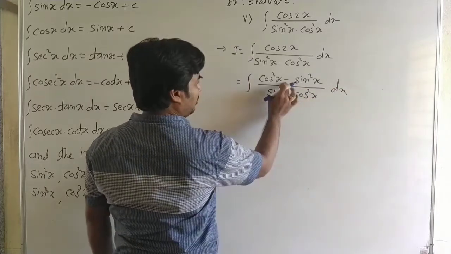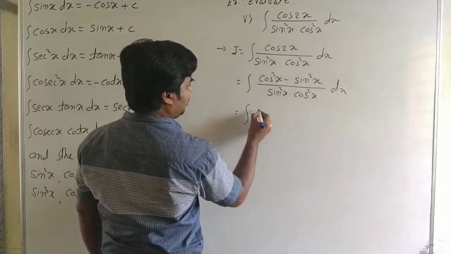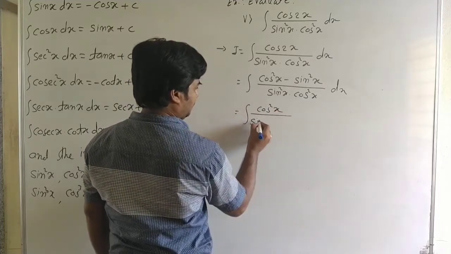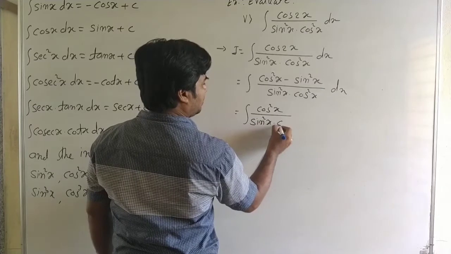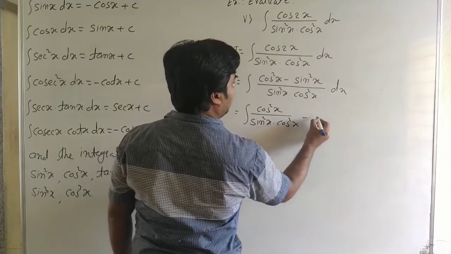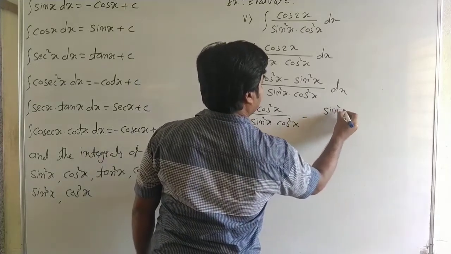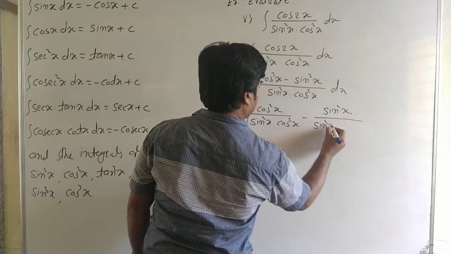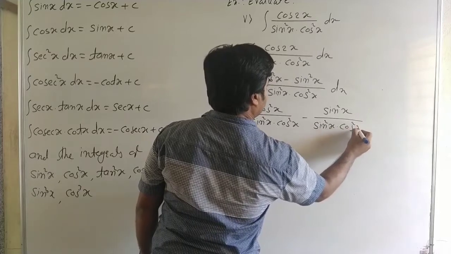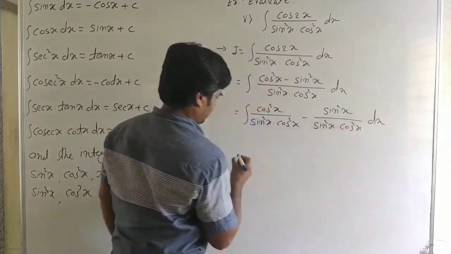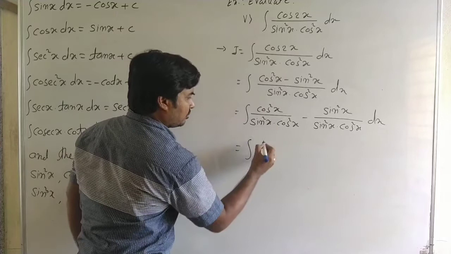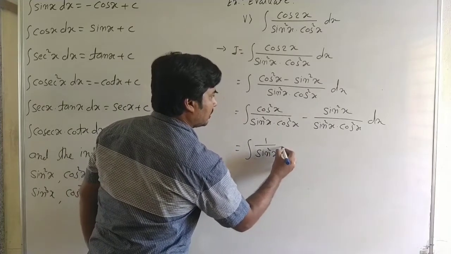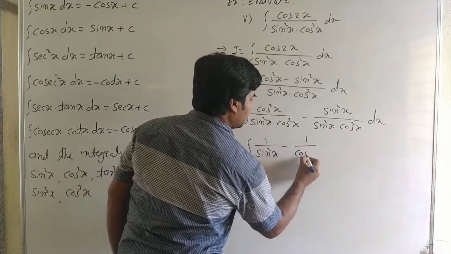Then separate the denominator, both the terms. Integral of cos square x upon sin square x into cos square x minus sin square x upon sin square x into cos square x dx. Okay, then cos square gets cancelled here: 1 by sin square minus 1 by cos square.